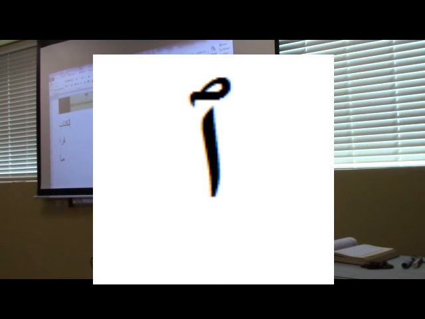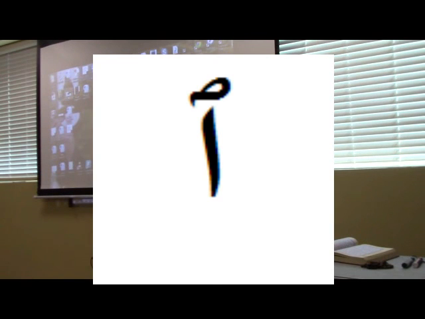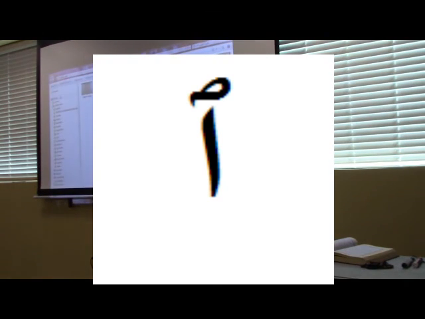I'm going to show you the picture of Hamza al-Wasl. Dear brothers, it's used to help us start the words that start with sukoon. What is the shape of Hamza al-Wasl?